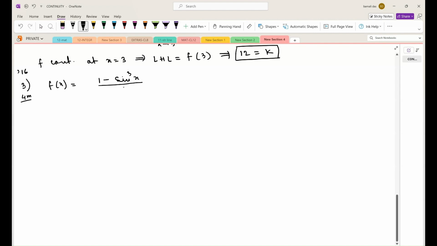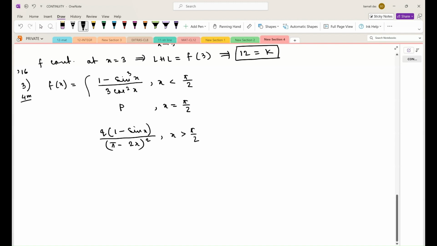by 3 cos square x when x is less than pi by 2, p when x equal to pi by 2, q into 1 minus sine x by (pi minus 2x) whole square where x is greater than pi by 2.